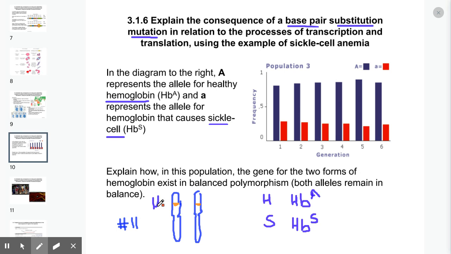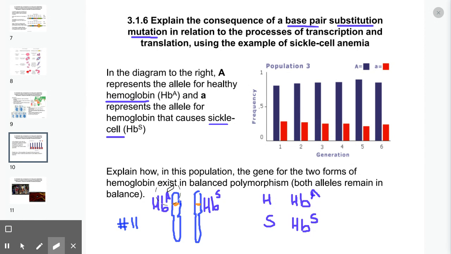Because you have two chromosomes, you can have two healthy forms. You can have HBA, HBA. Maybe your mom gave you a healthy one and your dad gave you a healthy chromosome. But not necessarily. This could be the HBS. Maybe you have one of each.